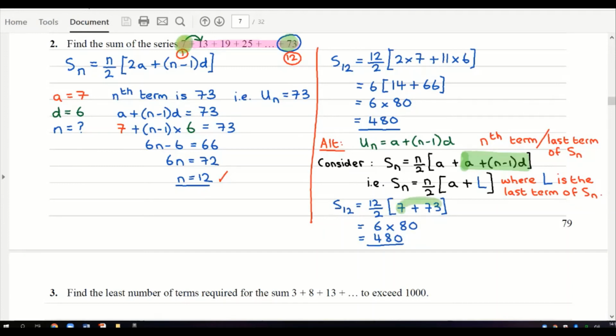Okay, so 7 plus 73, first and last. We now know there are 12 terms in the series, and then we divided the answer by 2. So it's just the form that we looked at right at the beginning. Okay, so it's a valid way of writing the summation, and it can be very, very useful.